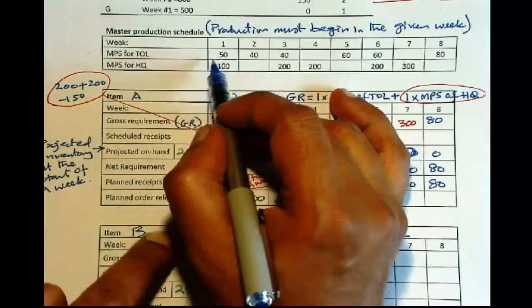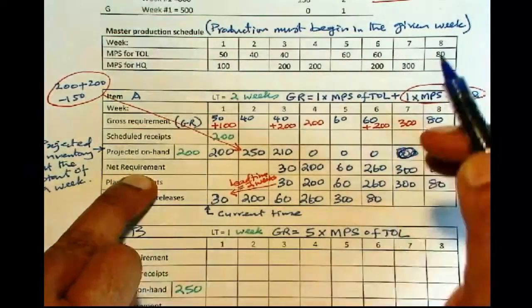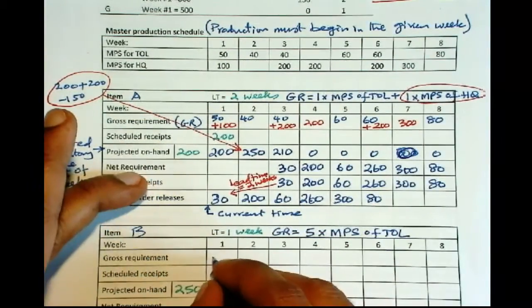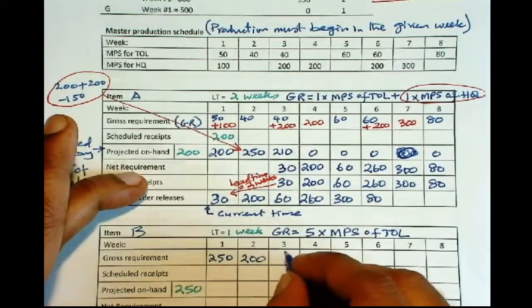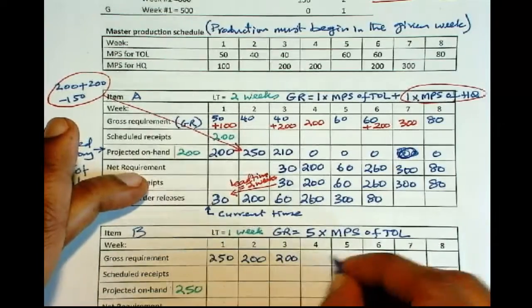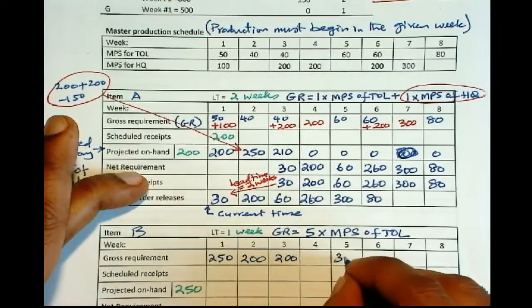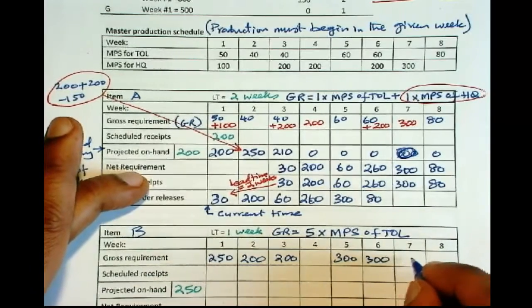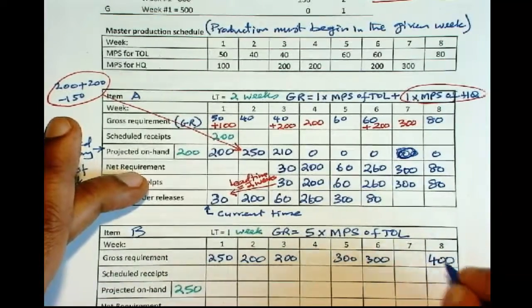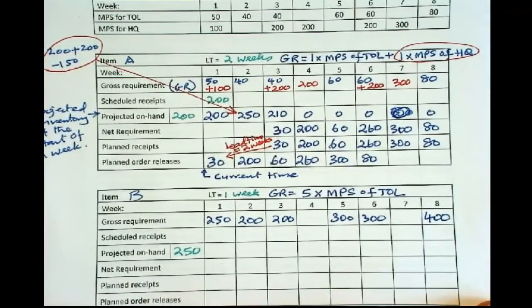We can take that row, multiply by 5 and put that here. So the gross requirement will be 250, 200, 200, nothing here, 300, 300, and nothing for 7, and 400.